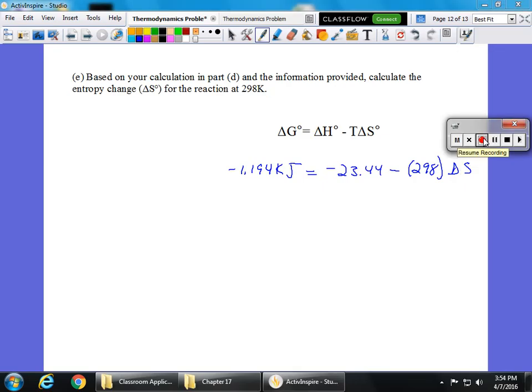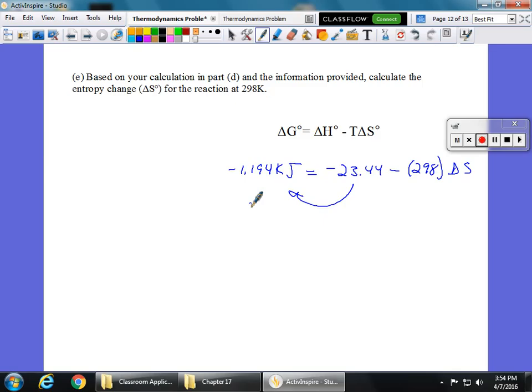So let's solve this. We're going to bring this to the other side. Remember, this is 1.194 kilojoules. We got 23.44. We're subtracting a negative from both sides, so that's really adding a positive to this side. So we're going to come out with a positive number.